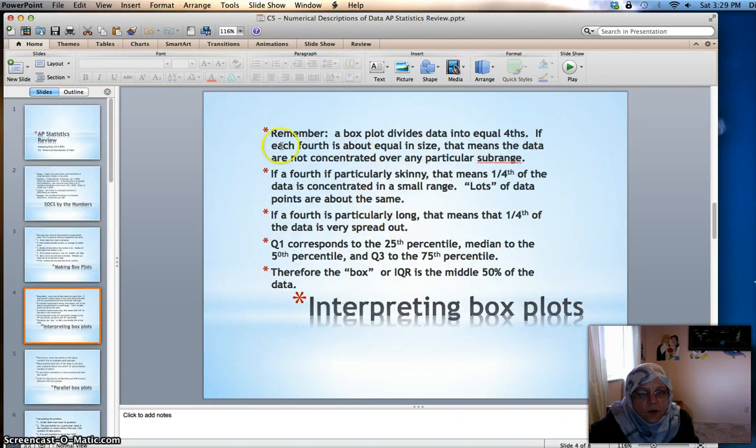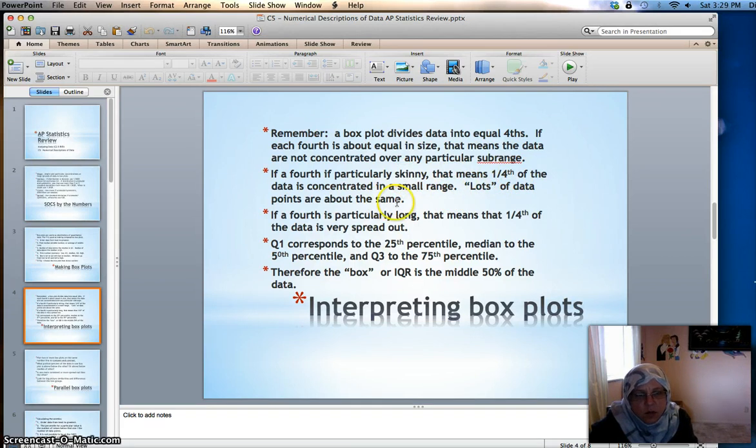Okay, so when you want to interpret a box plot, you can hit the trace button on the calculator, or if you made it by hand, you're looking by hand. Remember that a box plot divides the data into equal fourths, up to the 25th percentile, quartile 1, and so on. Now, if each fourth is about equal in size, that means the data are equally spread in each of the quartiles. Now, if a fourth is particularly skinny, that means 1/4 of the data points are concentrated together in a relatively small range.